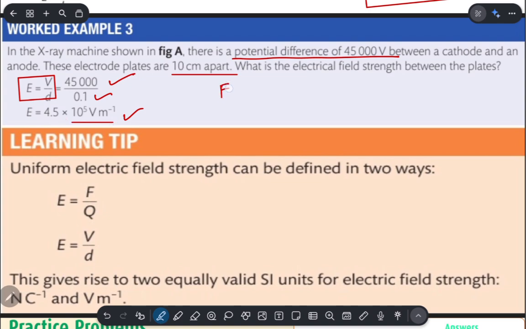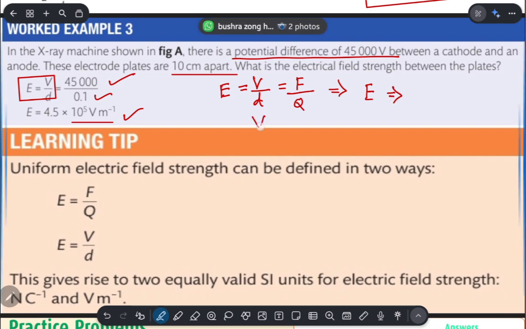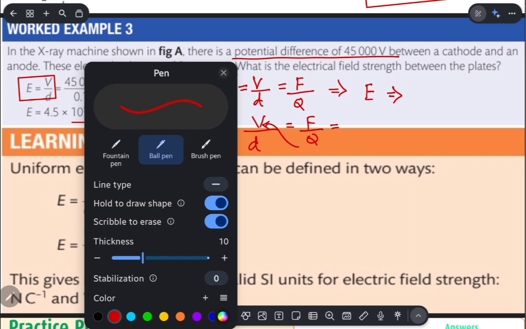It means that electric field strength can be equal to V by D, and the other way it is equal to F by Q. So simply speaking, V and Q will be multiplied together. So I can say that the electric field can have these relations: V by D equals F by Q. From here I can find either force or something like that. For example, if I'm not interested in the force, I will just figure out the acceleration.